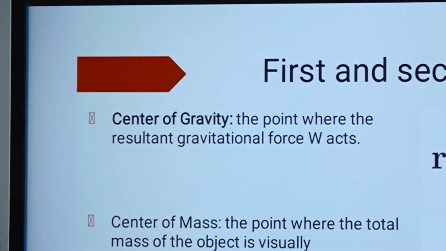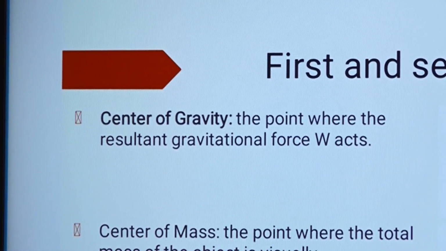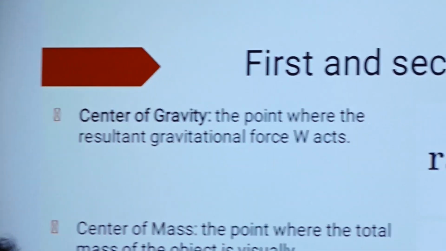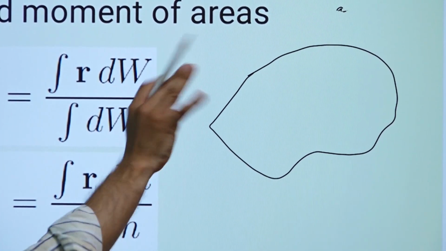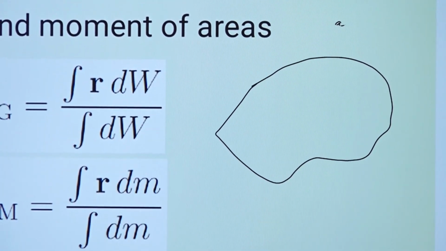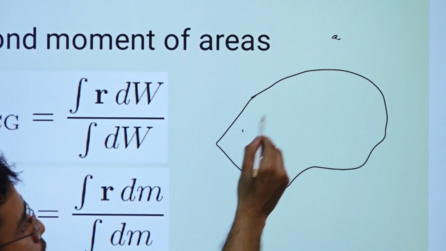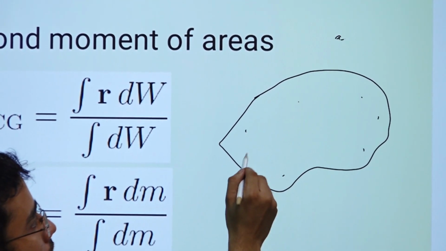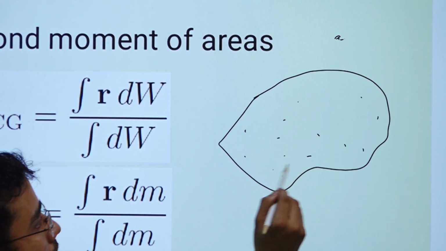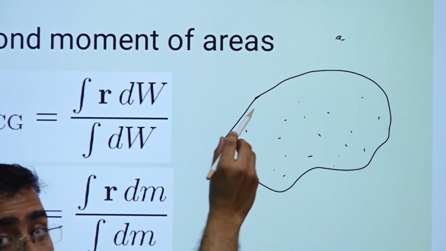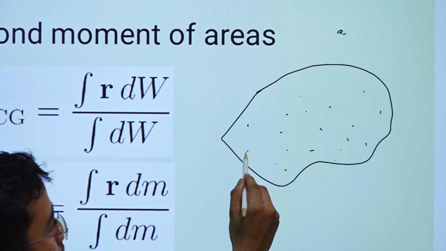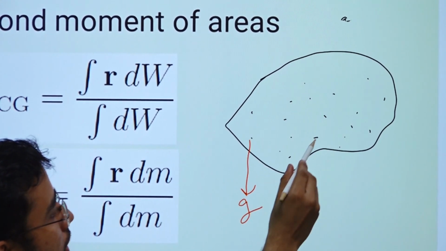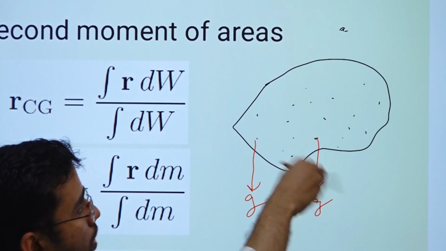So first we will understand what center of gravity is. Center of gravity is the point where the resultant gravitational force W acts. Suppose we have this mass here, a 3D mass, and at each point of this mass gravitational force is acting. At this point G is acting, at this point G is acting, at all the points G is acting.